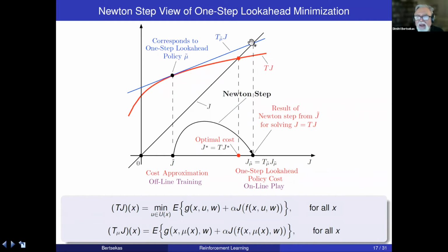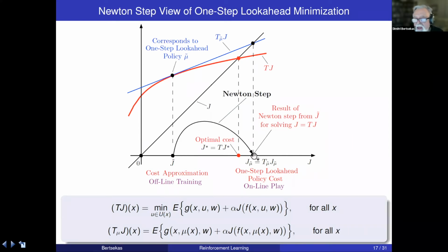And this is a linearization of the Bellman operator. We solve the linearized problem to obtain its solution, and this is just what Newton's method does. So passing from a cost approximation j tilde to the cost function of a one-step look-ahead policy is a Newton step.